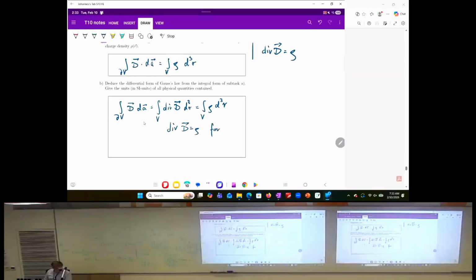So if you now shrink the volume arbitrarily small, then you can conclude that this still holds true. Then eventually the divergence of D becomes the space charge density.